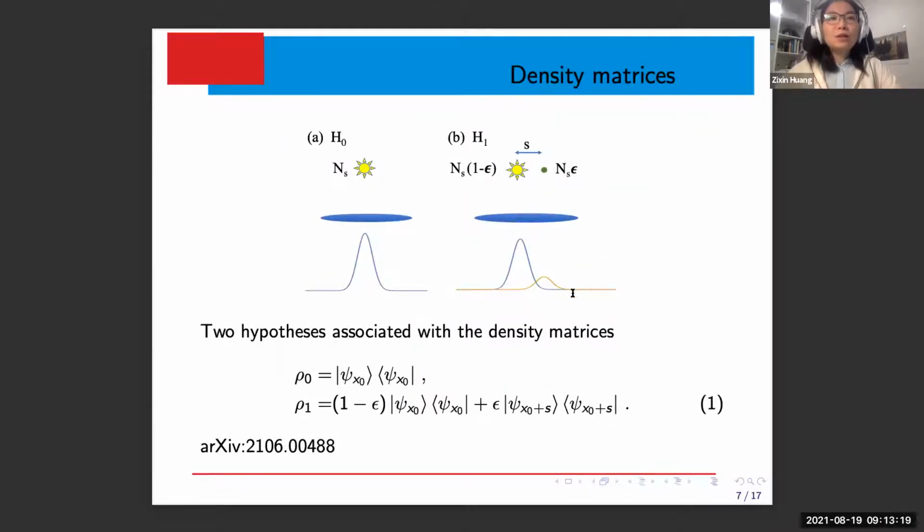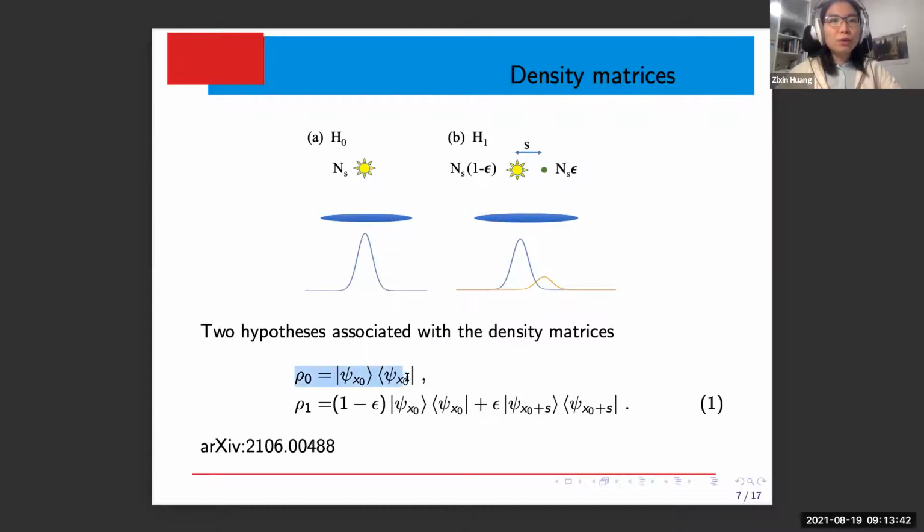Okay, so now we can talk about the density matrices for these two different cases. For the null hypothesis, we have a thermal state of mean photon number NS coming from just a star.